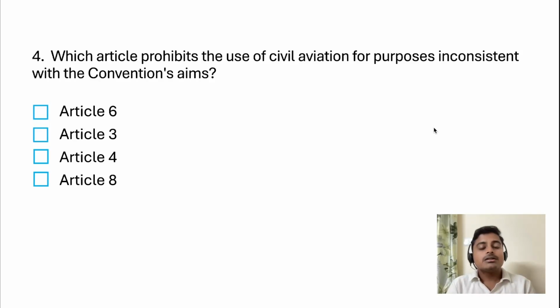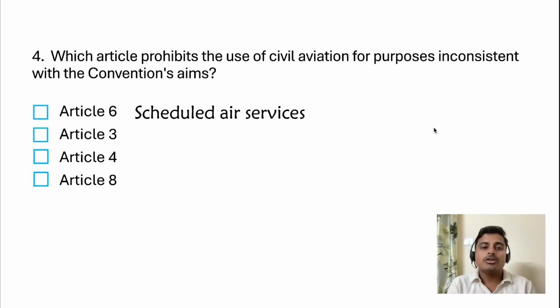So which of these is inconsistent with the rights provided for civil aviation under Chicago Convention? Which article talks about that? Right. So Article 6 talks about scheduled air services. Article 6 talks about what are the rights available for the aircrafts that are flying on a scheduled basis. They have their schedule approved.